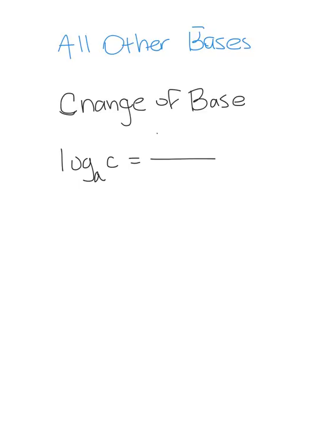You can take the log of what you were trying to take the log of, C, and divide it by the log of the base, in this case A. Now notice I didn't put any bases here. See, these are base 10s. These are problems you can do in the calculator, which is very fantastic.